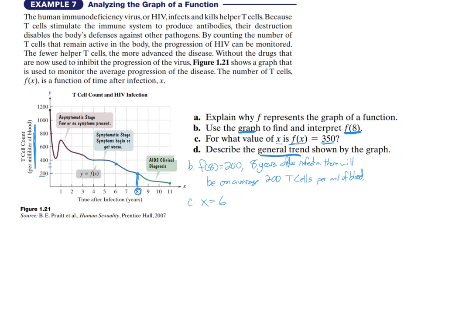Describe the general trend shown by the graph. Generally, we can say as time increases, T cell count decreases.